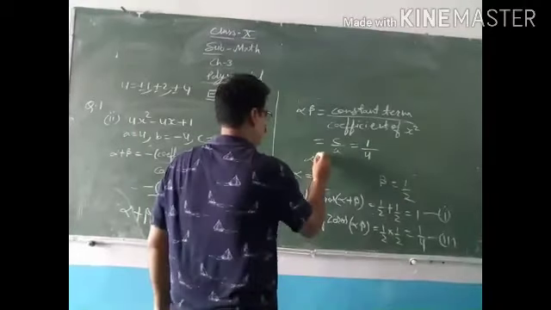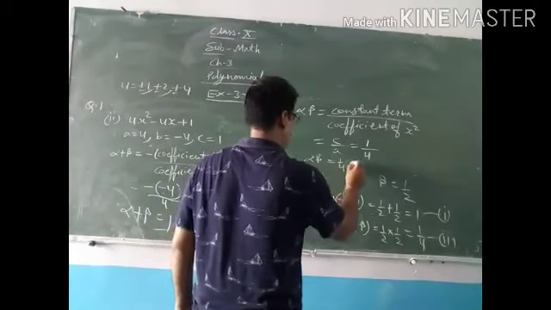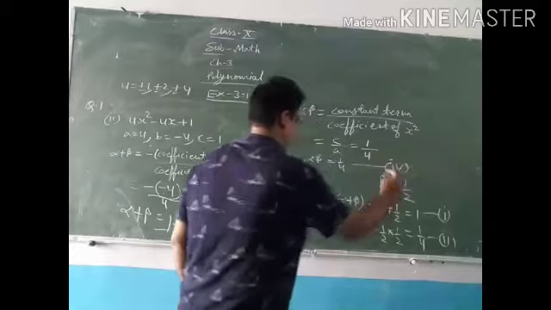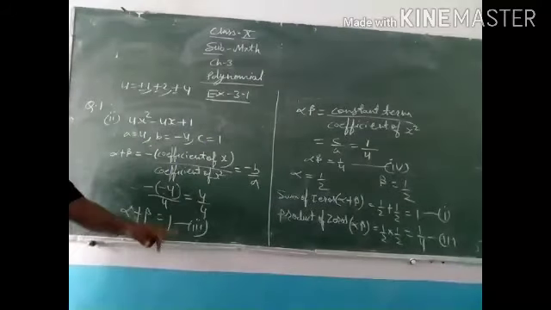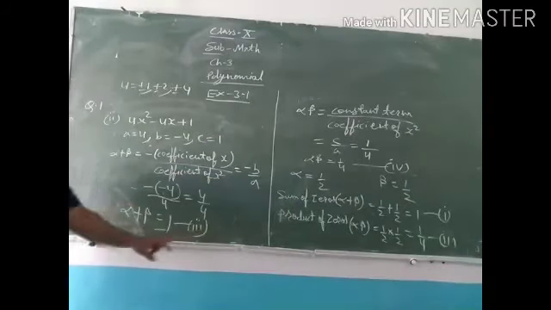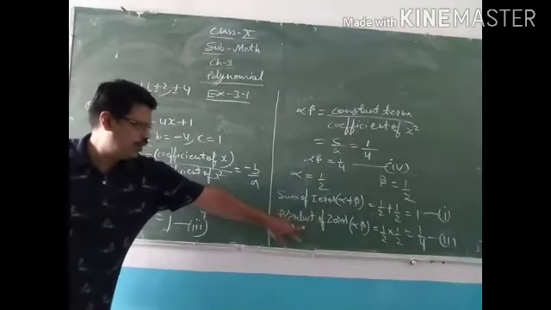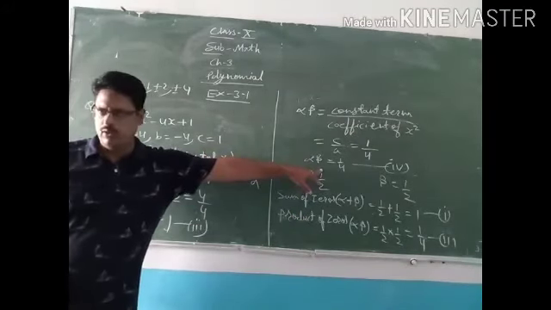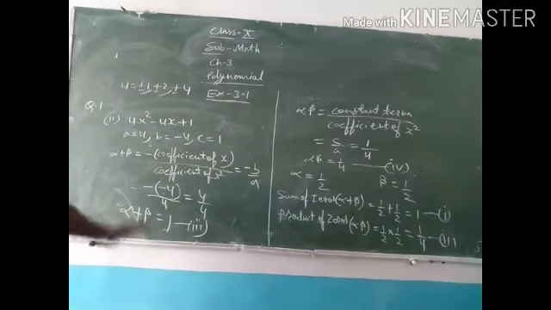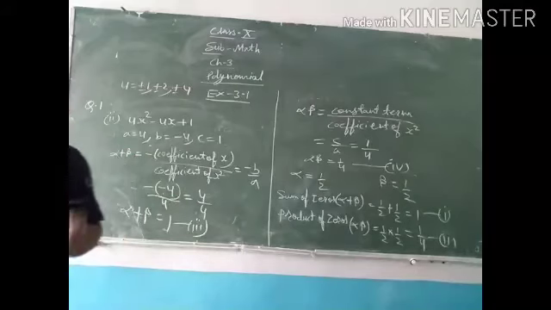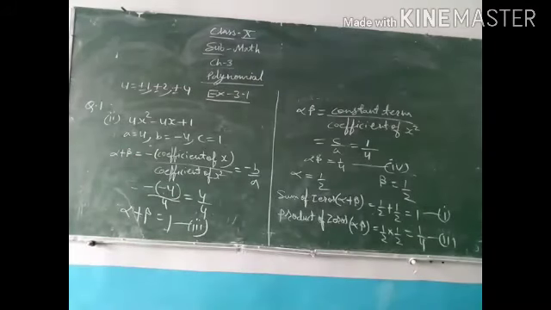So alpha into beta is equal to 1 upon 4. This is equation 4. Now you can see by equation first, second, third, fourth, the relation of zeros and coefficients is verified.